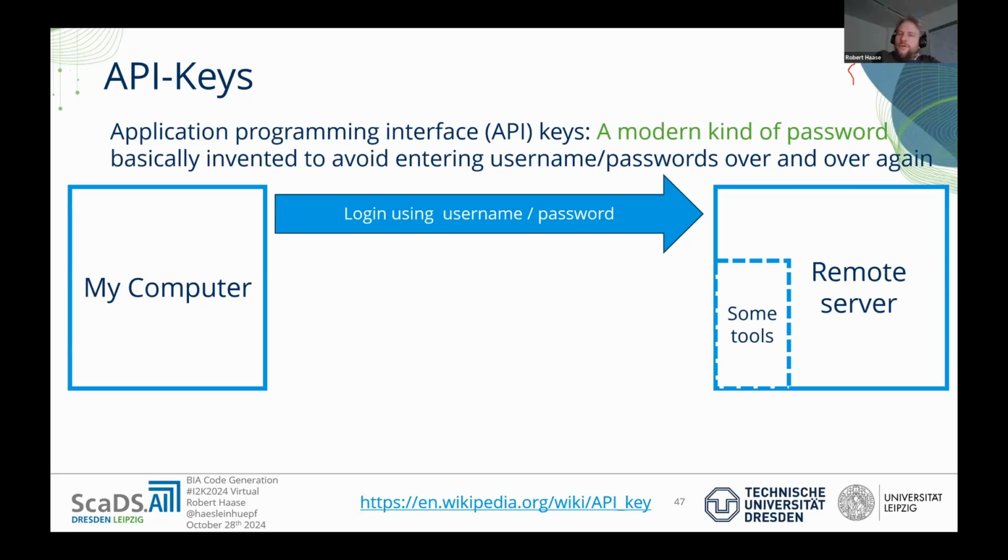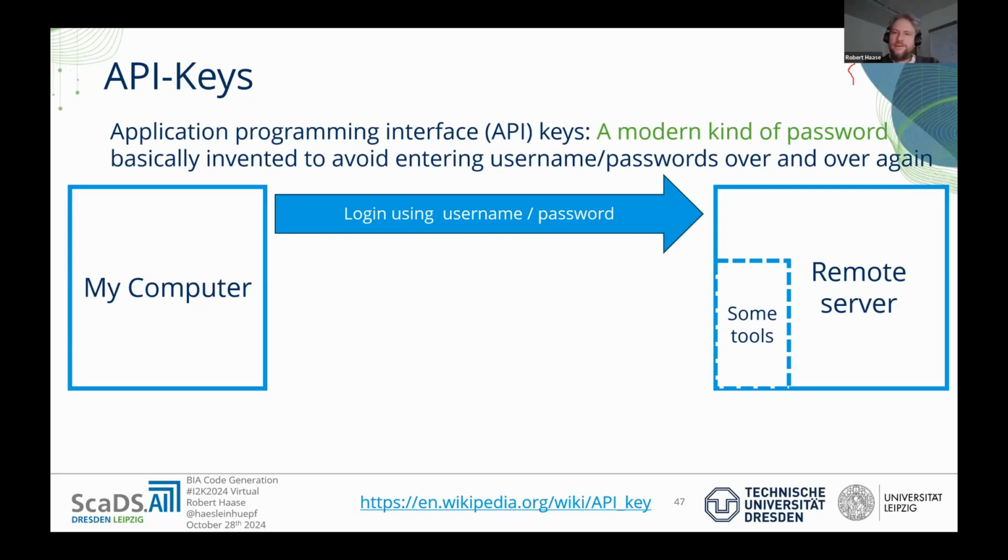So imagine, for example, you log into, my favorite example in this context, Google. You have a Google account and you log into Google. And you would like to make your computer use the large language models at Google, but you do not want to give your computer access to your emails. So you give access to this program using the large language model with an API key, which only has access to some tools on the remote server, only to the language model, but for example, not to emails.